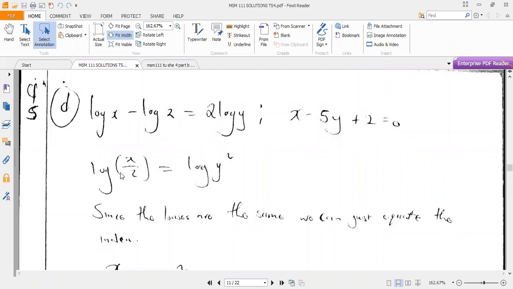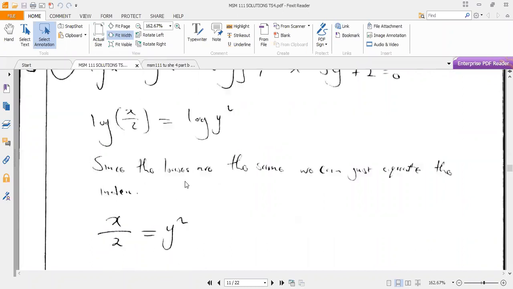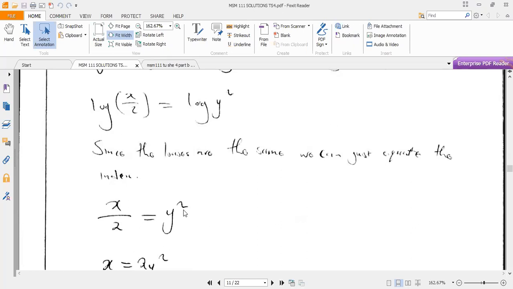So if the bases are the same on both sides, you can say the arguments are the same. So you just say here, x over 2 is equal to y squared. Since the bases are the same, we assume that the arguments, x over 2 and y squared, are equal as well. Look at that principle again, the equality law.